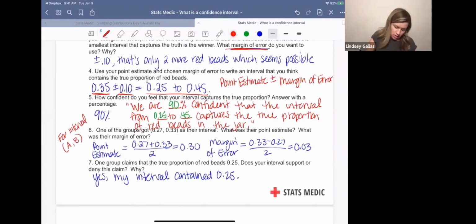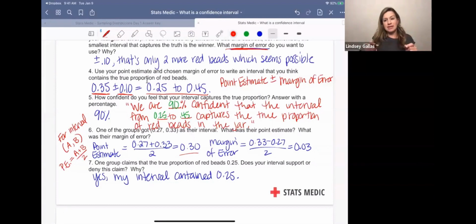The point estimate: we need to figure out what the middle would be. You could really just find the average of the two endpoints. So I'm going to write this as (a + b) divided by 2. In this case, that is 0.30. And then the margin of error, well, we're taking the width of the whole interval and cutting it in half, because remember, it was going plus or minus from the center.